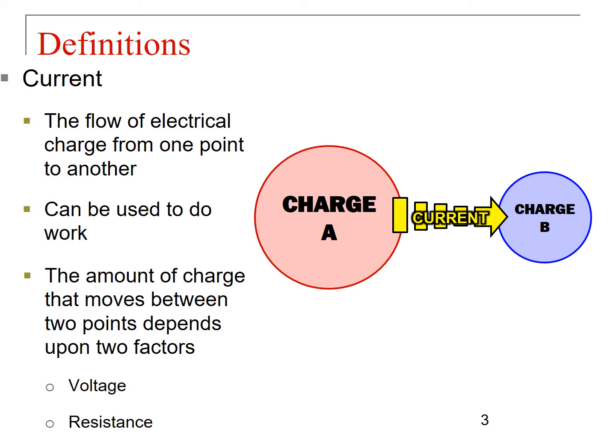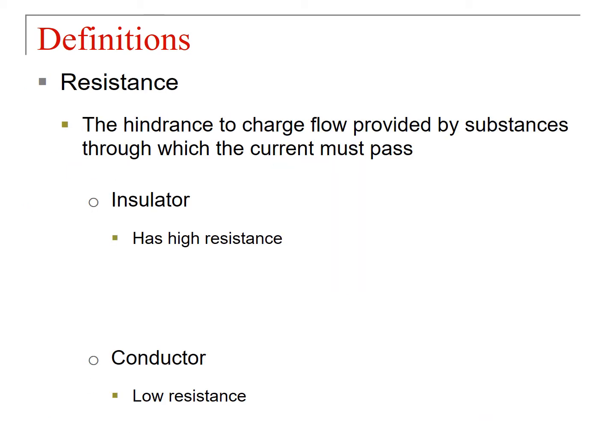The amount of charge that moves between, in this case, say charge A and charge B, is going to depend on two different factors. One is voltage and one is resistance. Voltage, again, is the difference between those two charges, and the bigger the difference between the charges, the higher the voltage is.